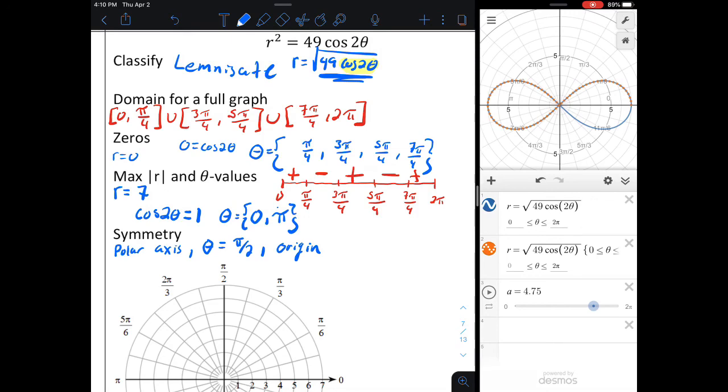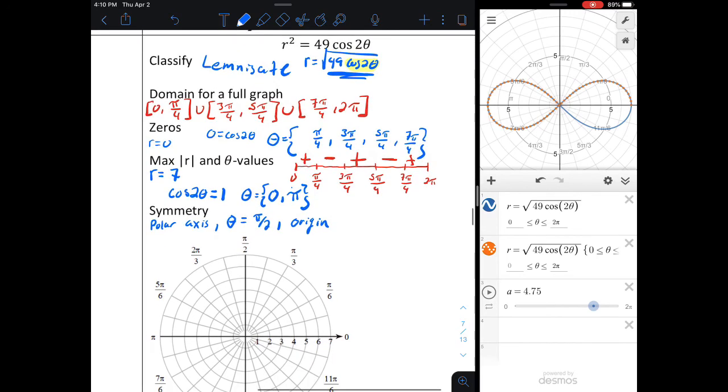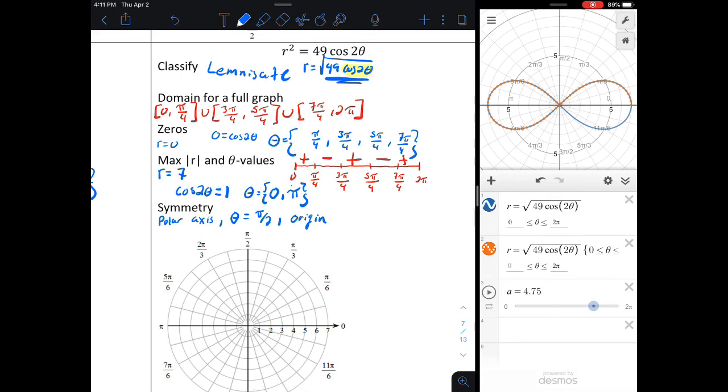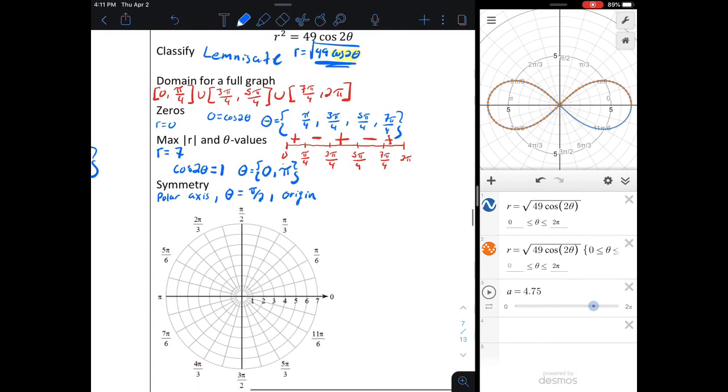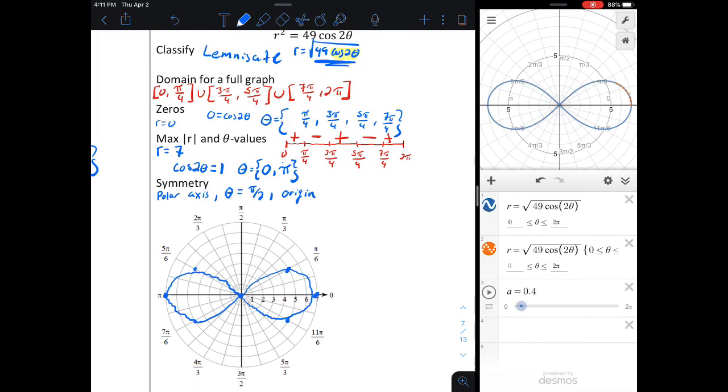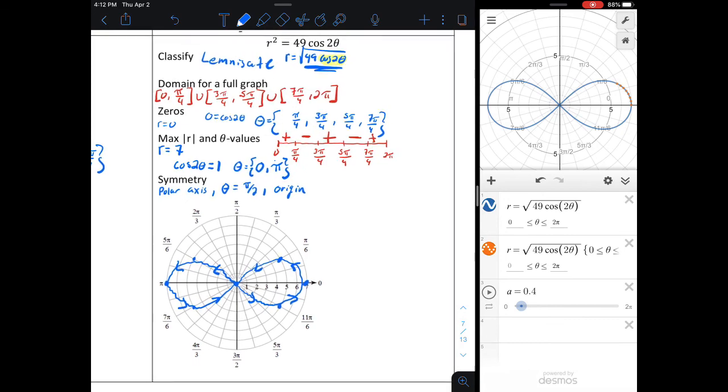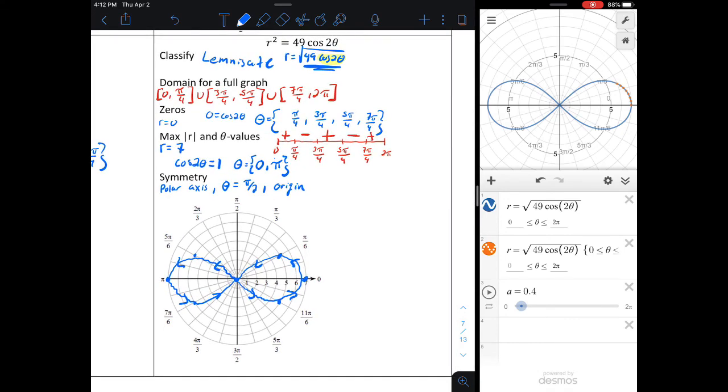From here, to make a rough sketch that goes with this, we just plot the curve on the grid below. And we have our sketch and our analysis.